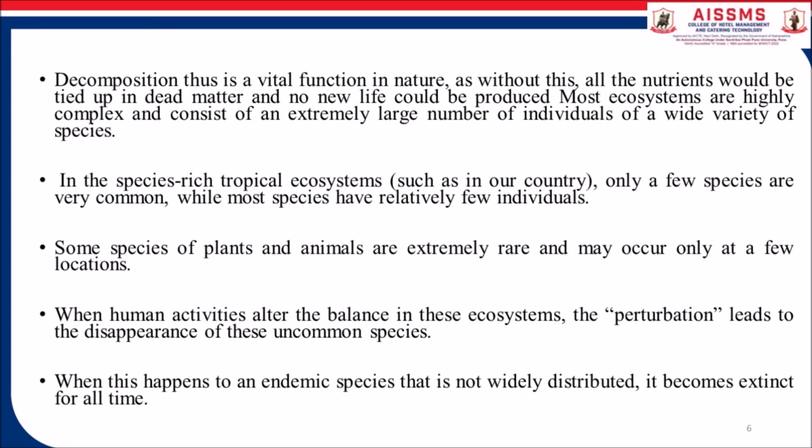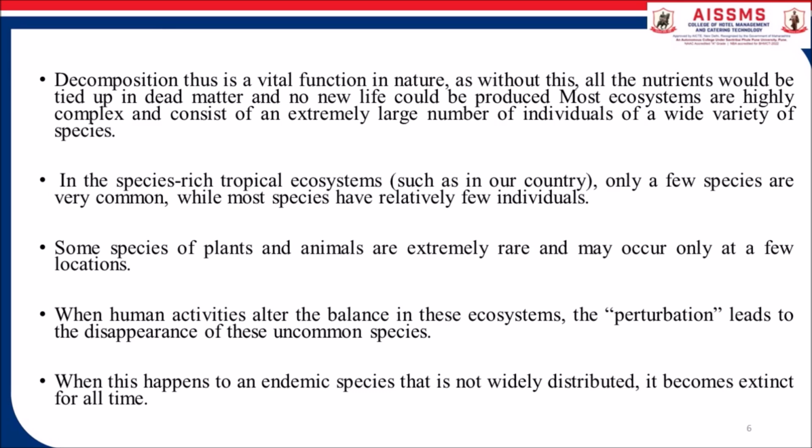Most ecosystems are highly complex and consist of an extremely large number of individuals of a wide variety of species. In the species-rich tropical ecosystem, such as in our country, only a few species are very common, while most species have relatively few individuals.